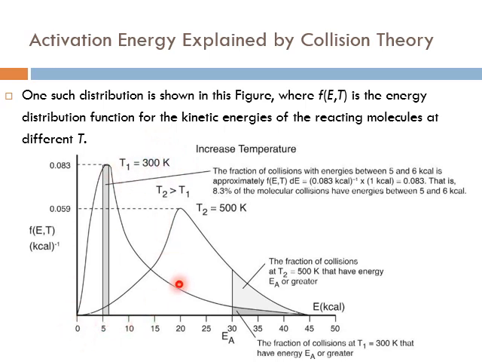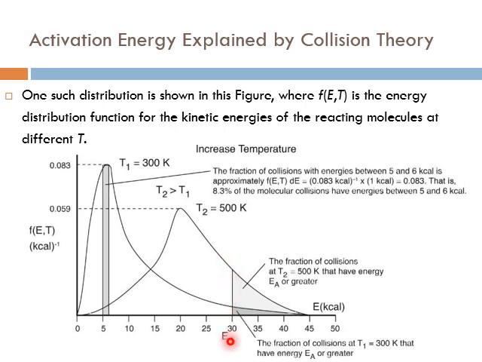Okay, now let's see. For a given reaction, the activation energy was 30 kilocalorie. Let's talk about the reaction now. We want to find the portion of the molecular collisions, the portion of the molecules who have energy above 30 kilocalorie. Let's calculate that.